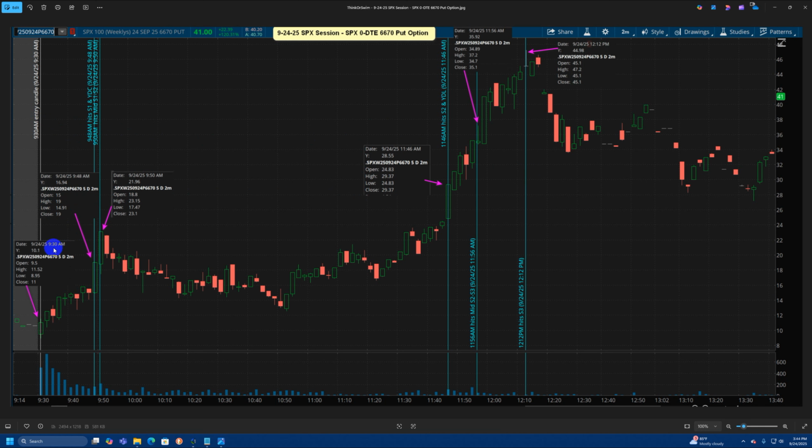So for example here, the 9:30 a.m. candle, which was your entry candle, on the cross below and close below the BBKPL level. On the 6670 put, the close was $11. At 9:48 a.m. when it hit the S1 level, for scalpers out there, the close was $19.